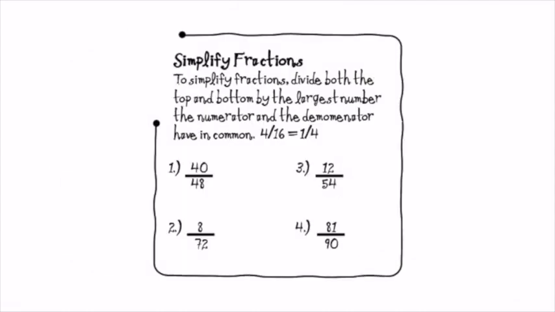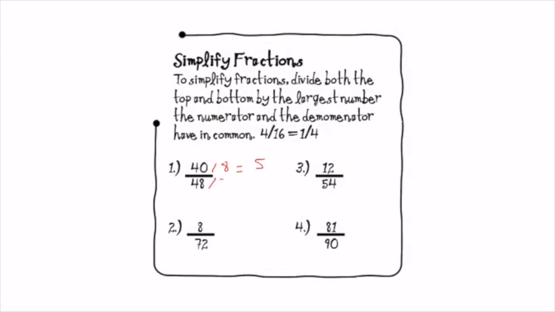So next we have simplifying fractions. To simplify fractions, you divide both the top and bottom by the largest number the numerator and the denominator have in common. So look at the first one. We have 40 and 48. So 8 will go into both of those. If we divide 40 by 8, we have 5.